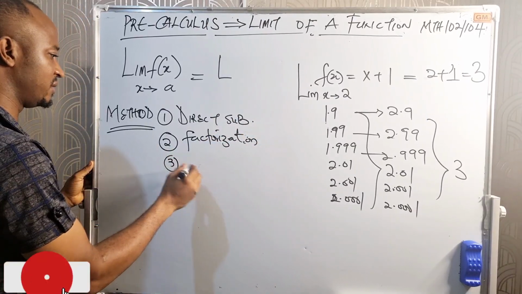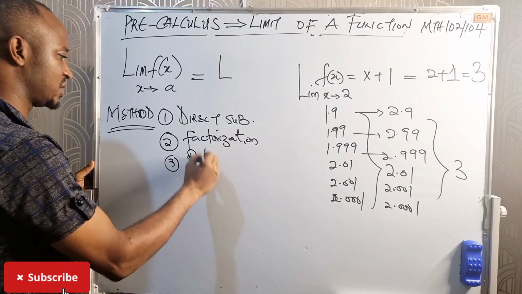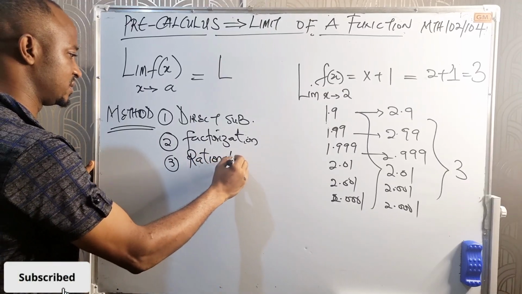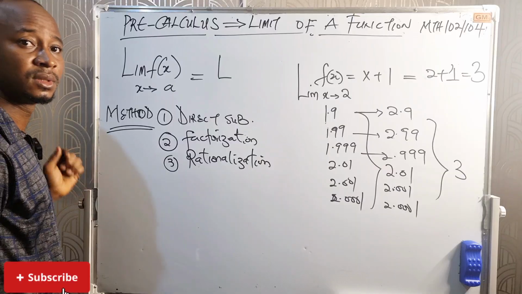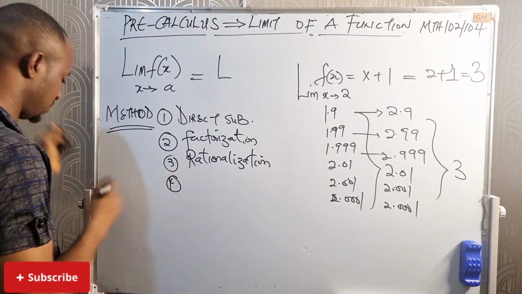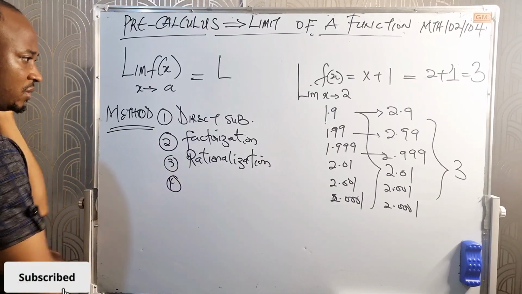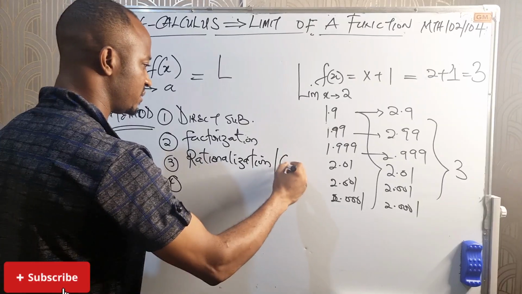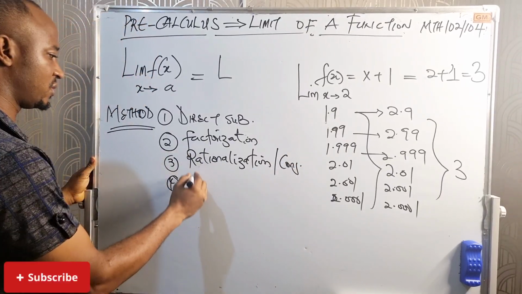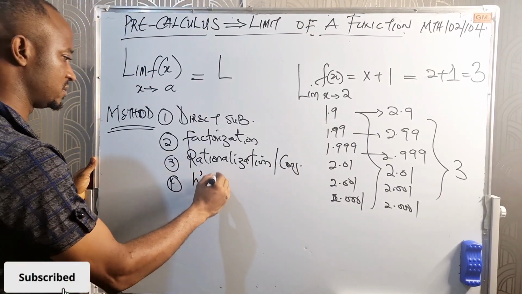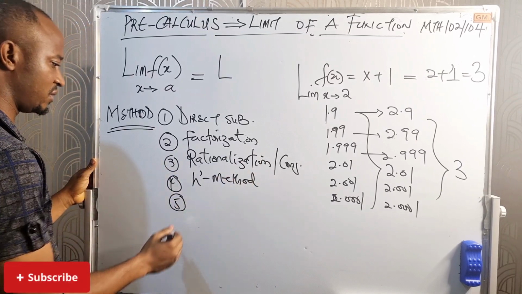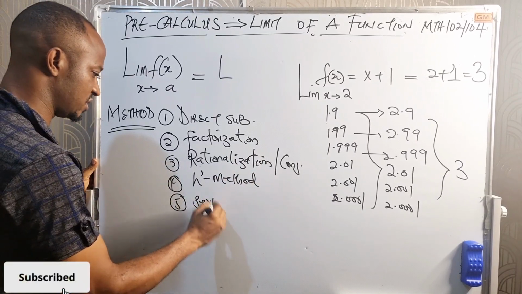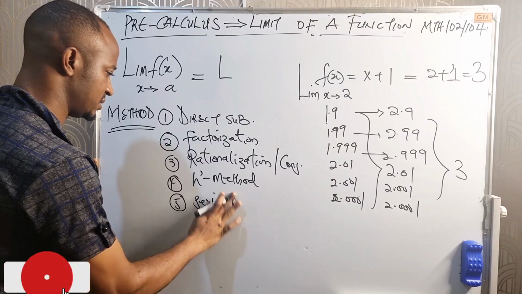Number 3, we have rationalization method. Number 4, this is also called the conjugate method. We have what is called the H method. Number 5, we have what is called the series expansion method.